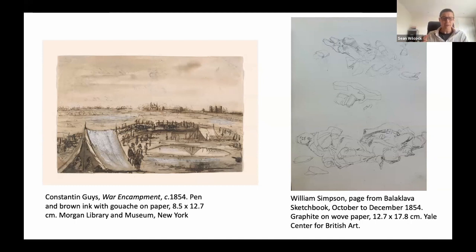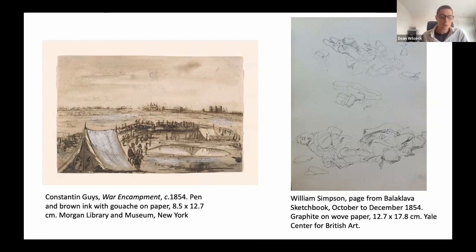But the sketch itself, the original visual document, was seen to have a kind of aura about it, an aura that seemed to speak to the fraught conditions of its own creation.